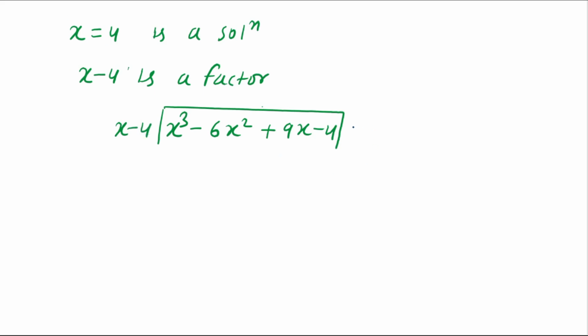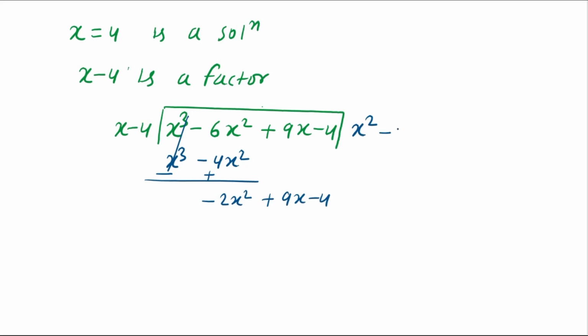Here x square multiplied by x gives x power 3, and x square multiplied by minus 4 gives minus 4x square. Here minus and here plus, so x cube and minus x cube cancel out. Here minus 6x square and plus 4x square gives minus 2x square, and plus 9x minus 4.